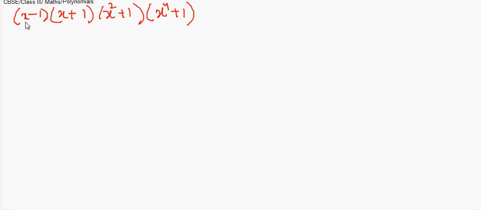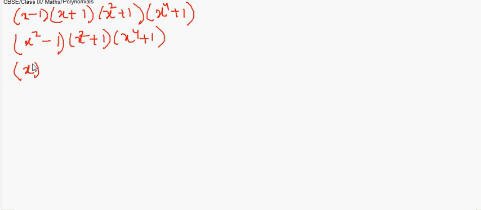Look at this portion. This is x minus 1 and x plus 1, that is x minus y and x plus y. That will give us x square minus 1. Then I have the rest of them as it is. Now combine these two. It is a minus b, a plus b. That will give us a square minus 1 square.